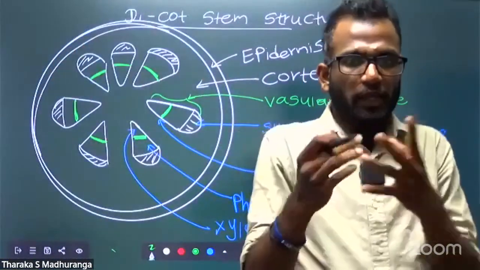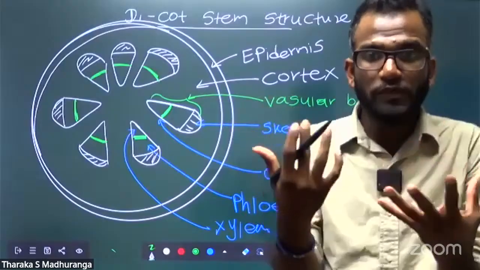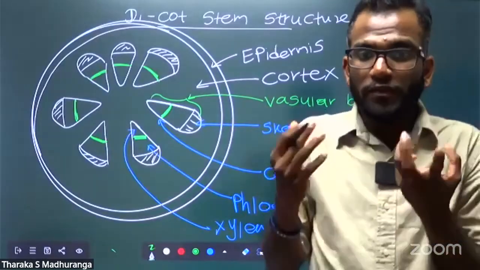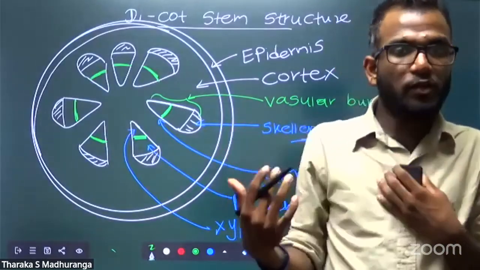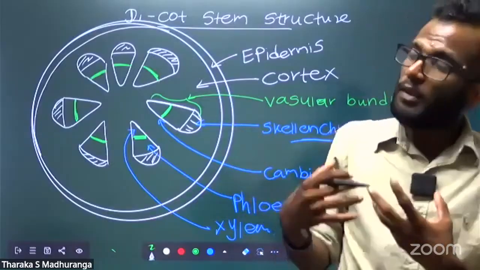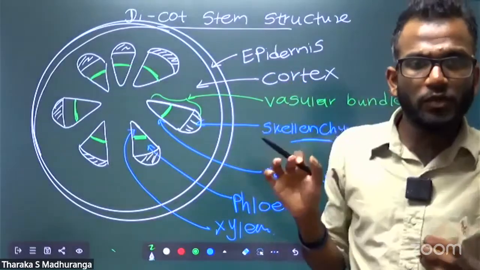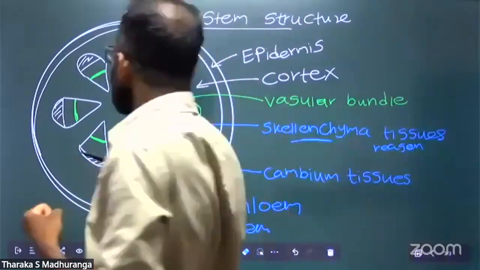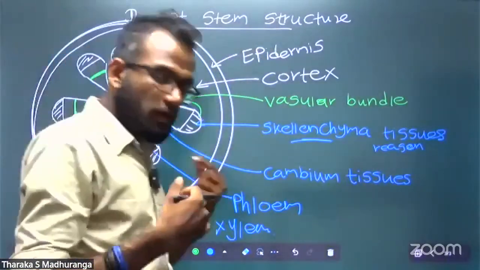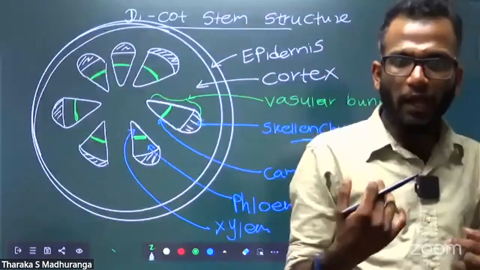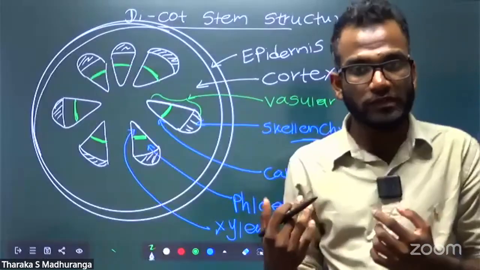I told you the main function of cambium tissues is to produce new cells and grow the plant by adding new cells. When the plant matured, they start to produce new cells.